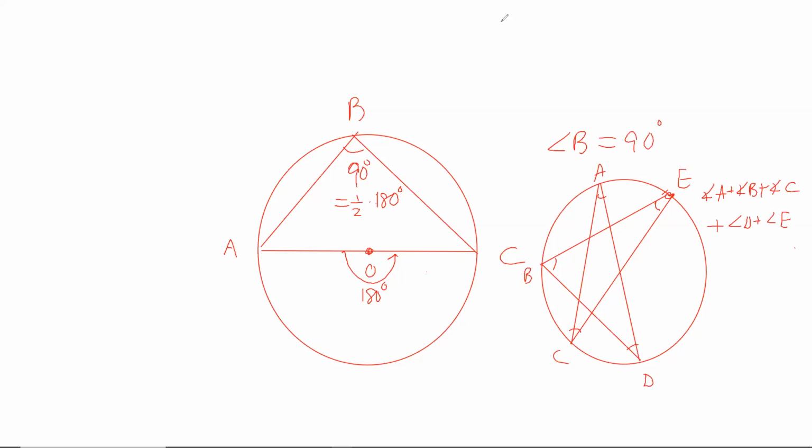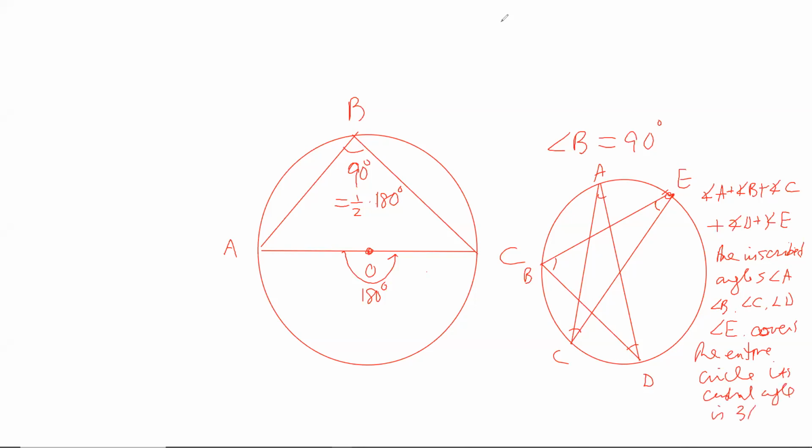Yes, exactly. The inscribed angles are A, B, C, D, and E here, right? They cover the entire circle, whose center angle is 360. And therefore, all these are inscribed angles, so adding up, it's just 1/2 of the central angle, you agree? And that's how you use the theorem to see the angles, okay?